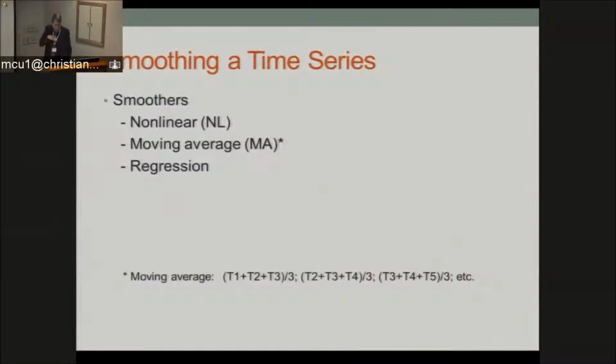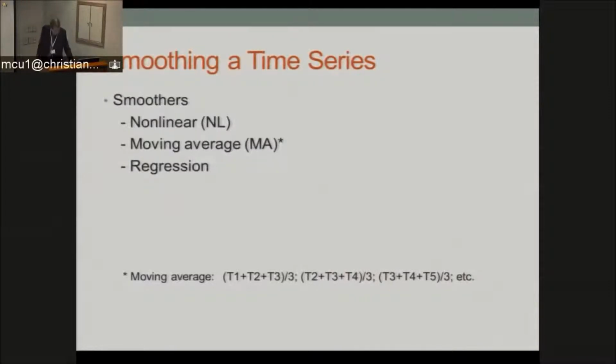And so what you're doing is you smooth out your time series. And you can see that the more points you take, the smoother it's going to get. In fact, you can take so many points that you basically get a horizontal line. That's what moving average is. And then there's just common linear regression.